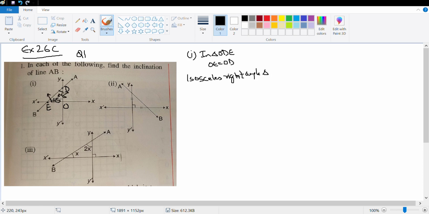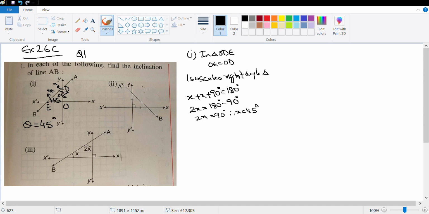Let this angle be x. This is also x, in case you did not get the calculation. So x plus x plus 90 degrees is equal to 180 degrees, angle sum property. 2x is equal to 180 degrees minus 90 degrees, 2x is equal to 90 degrees. Therefore, x is equal to 45 degrees. So the inclination in this case, theta, is equal to 45 degrees.